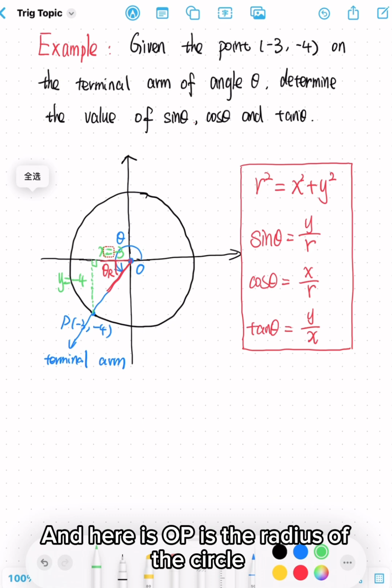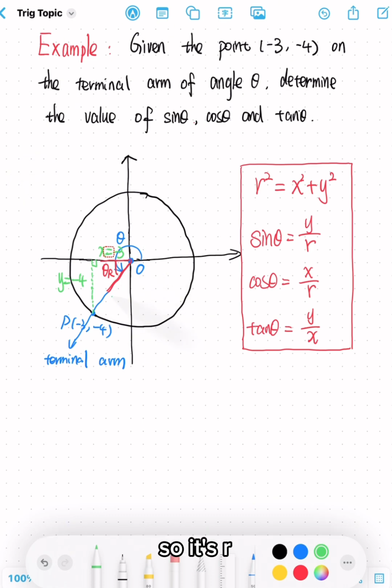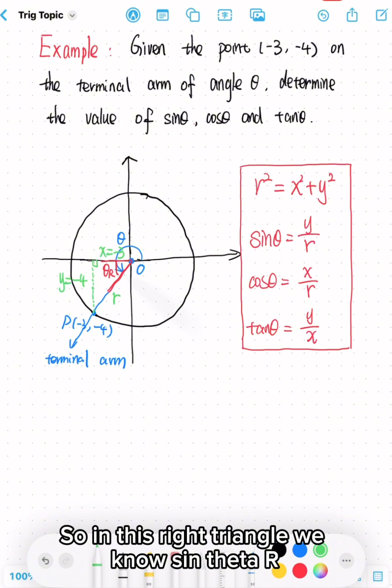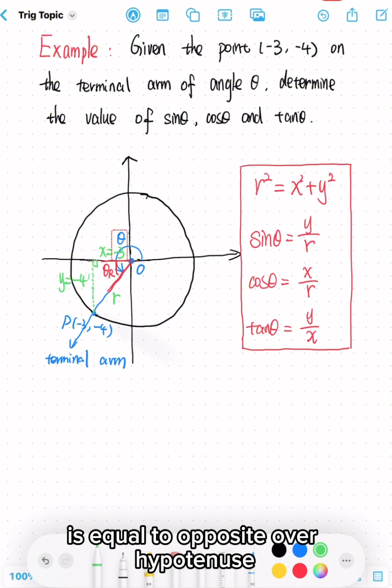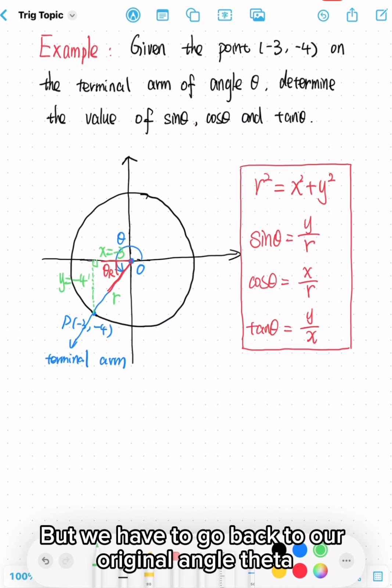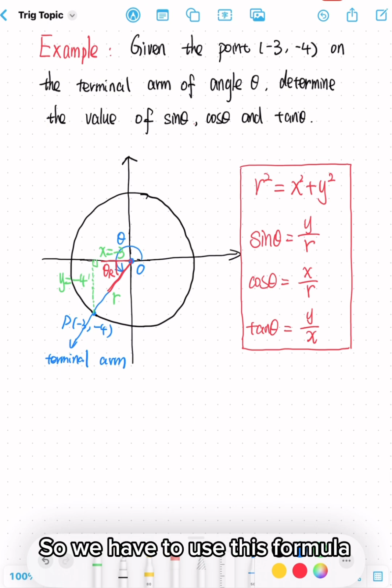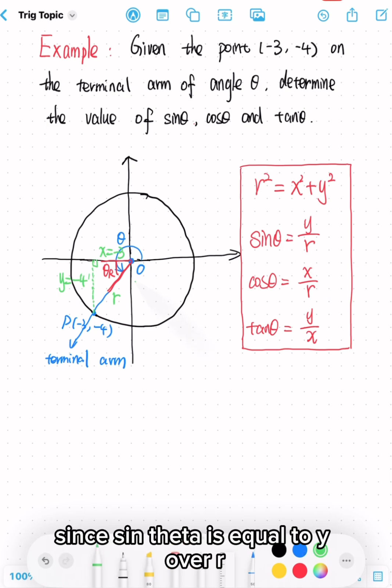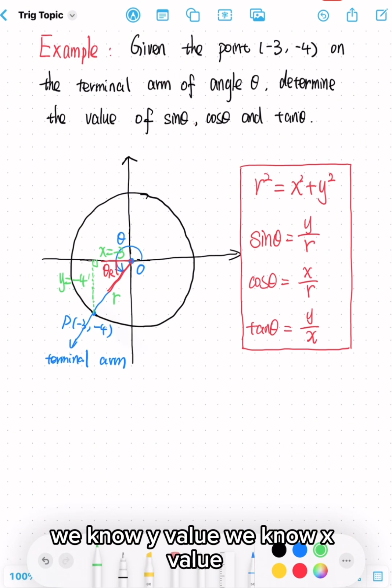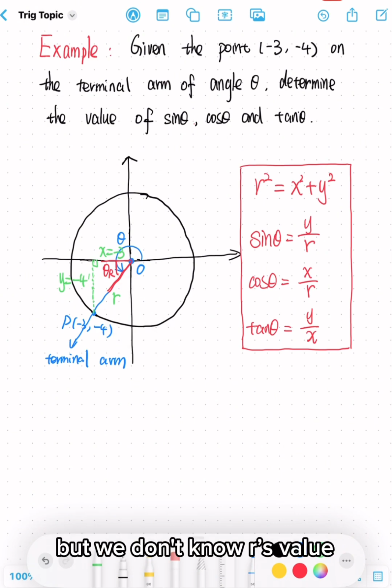And OP is the radius of the circle, so it's r. In this right triangle, sine theta r is equal to opposite over hypotenuse. But we have to go back to our original angle theta, so we use this formula: sine theta is equal to y over r. We know the y value and the x value, but we don't know r.